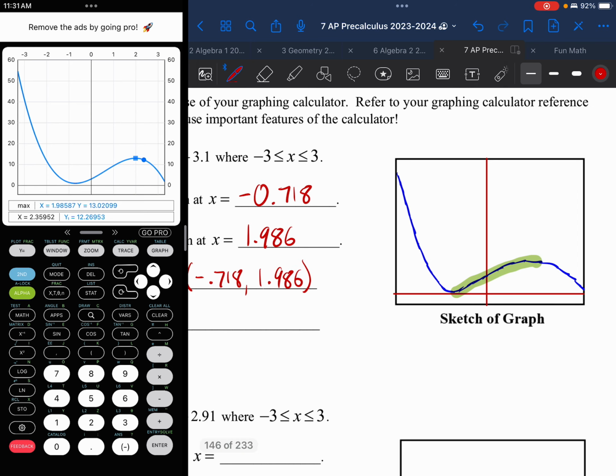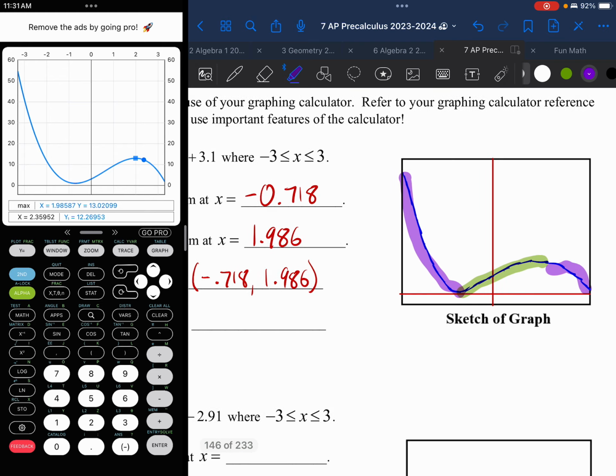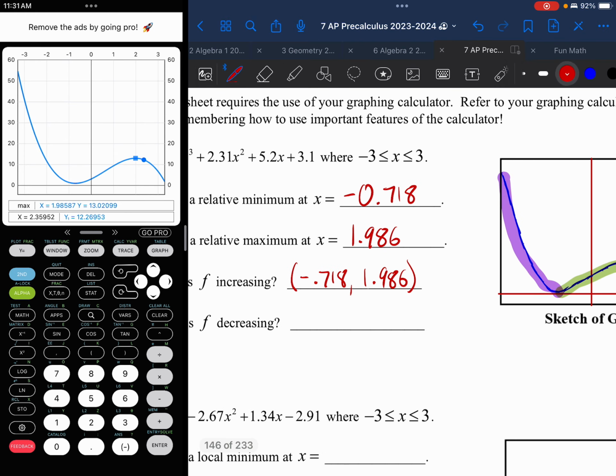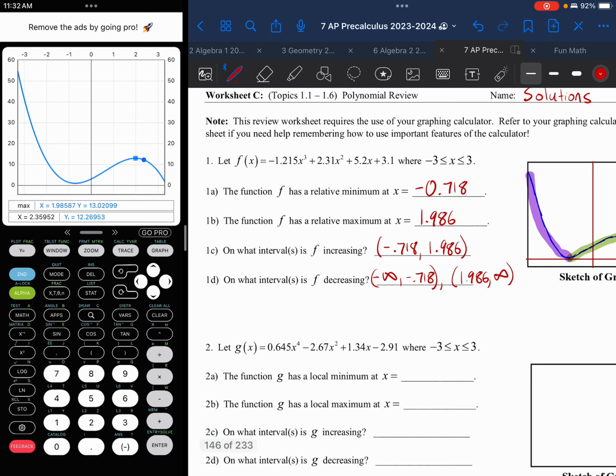On the graph over here, I can say I'm decreasing between here and here and here and here. That goes on forever and ever, so I can use infinity. I can say between negative infinity to that negative 0.718, I'm decreasing along with the interval that is after 1.986, so 1.986 to infinity. All right, that's question number one, and then I need to do question number two.